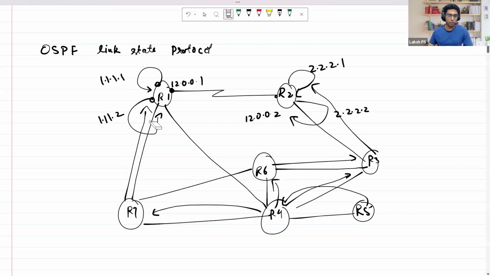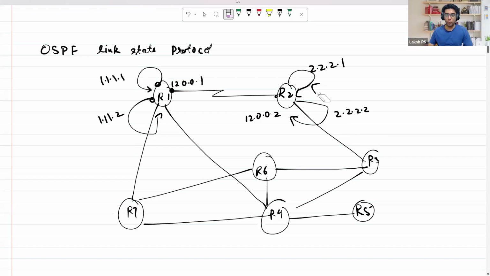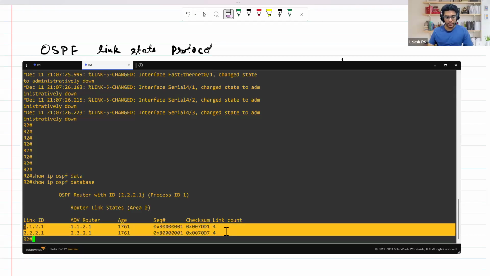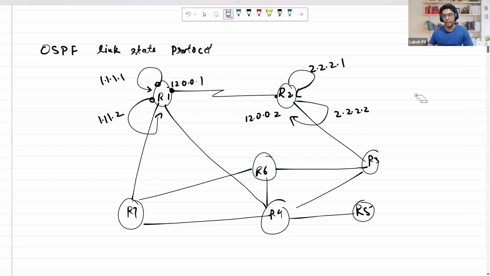Now imagine when they have exchanged their database with each other, what is going to happen? I just showed you with two routers, R1 and R2, they both have a duplicate database. And first of all, why is it important?